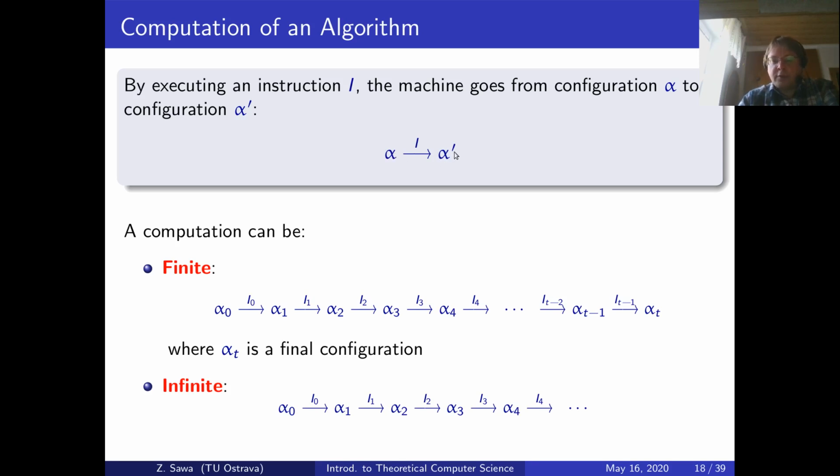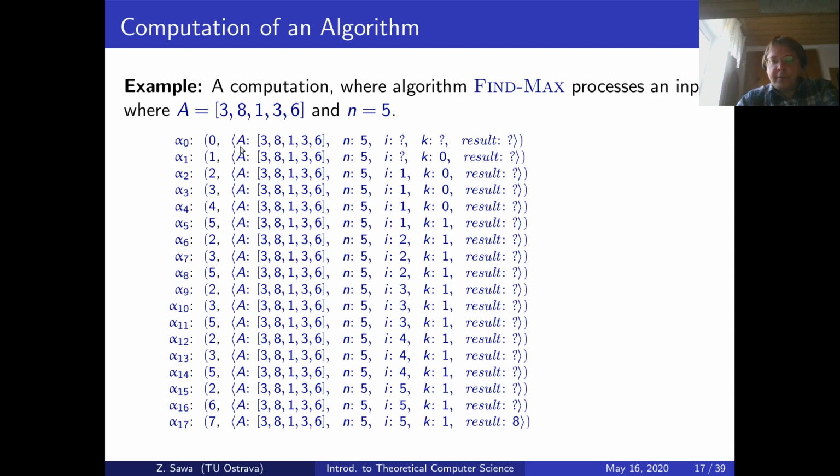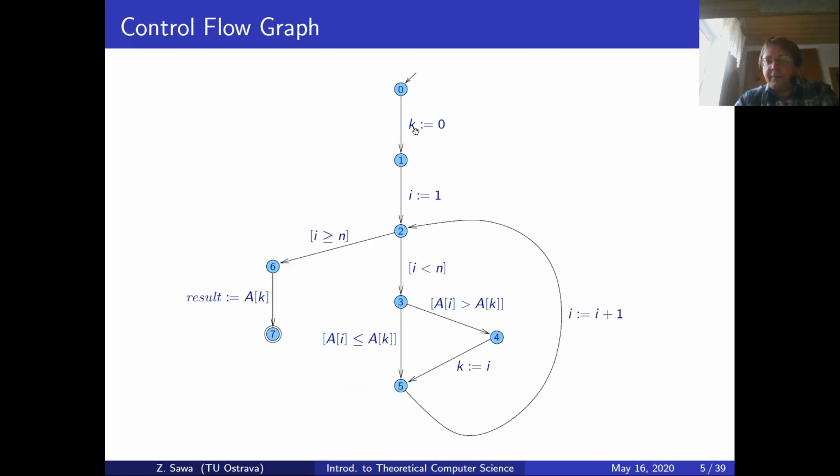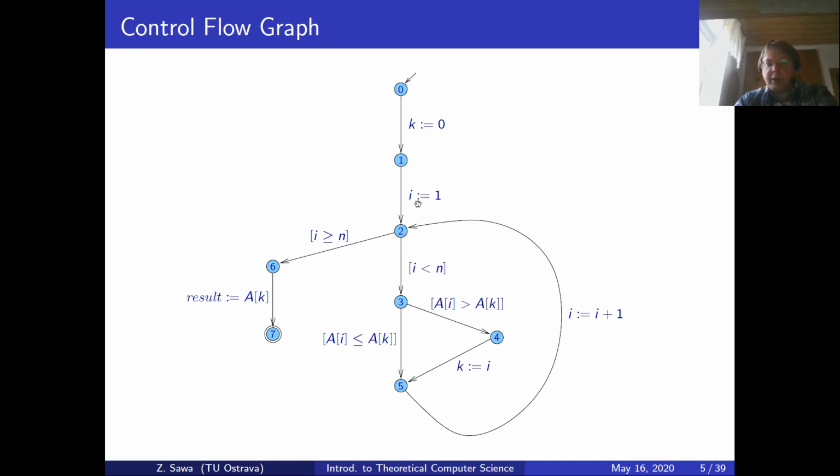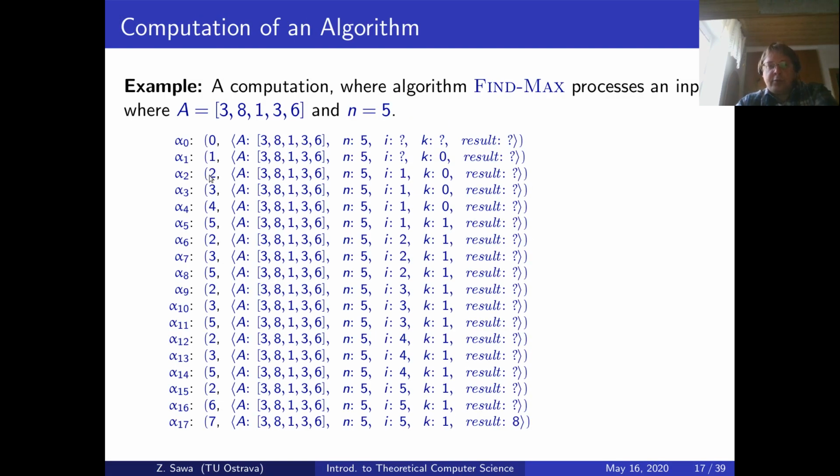So for example, here we had configuration alpha 0, and by performing the instruction where we assign 0 to k, it went to this configuration alpha 1. In configuration alpha 1, by performing this instruction, the machine went to this configuration, and so on.